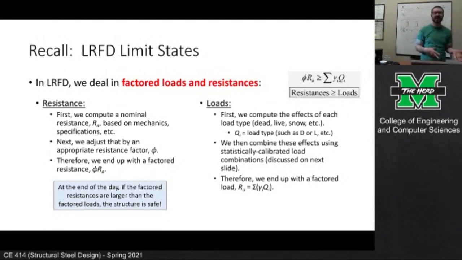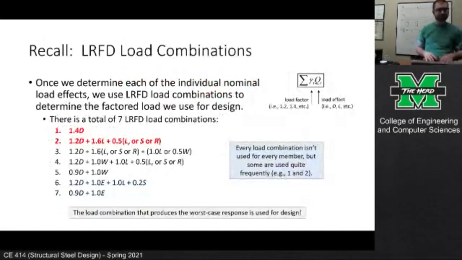And then on the resistance side of things, we take our nominal resistance, which we compute based on what mechanics dictate, what the specification states, etc. We adjust it by an appropriate resistance factor, and we end up with a factored resistance. And at the end of the day, if the factored resistance is larger than the factored loads, then the structure or the element is safe.